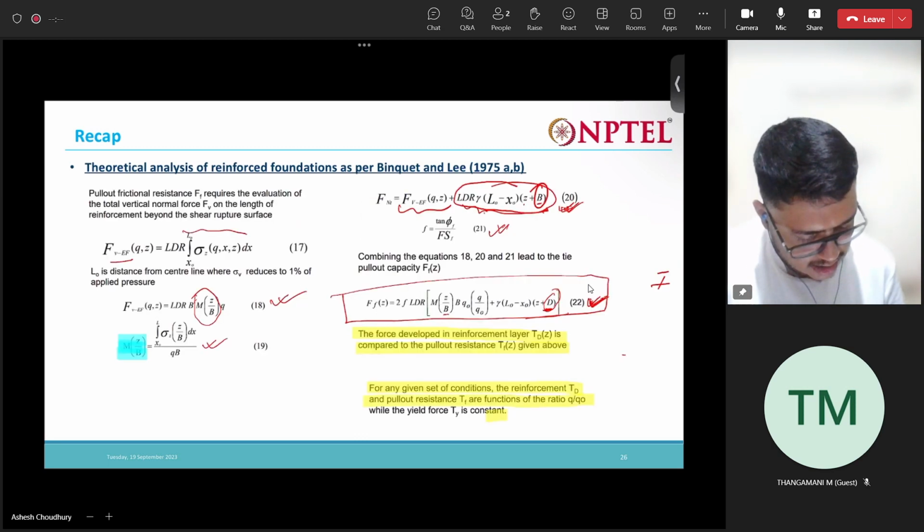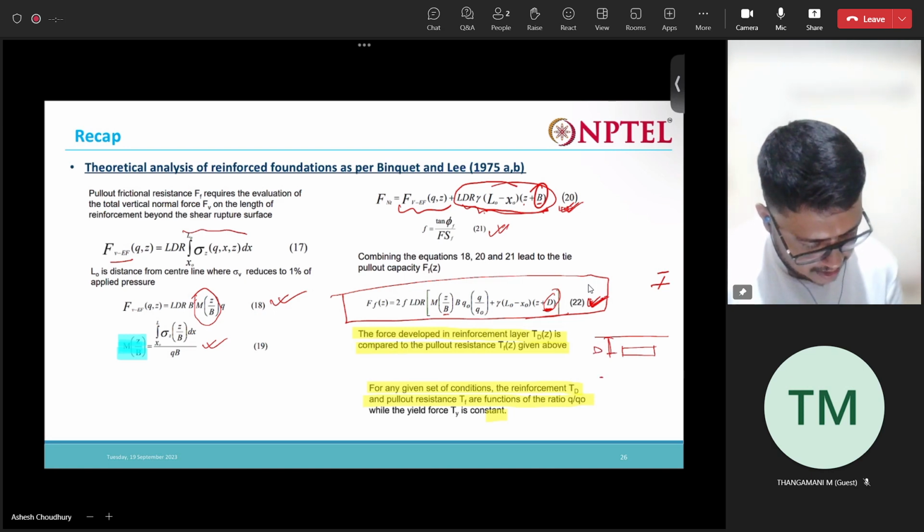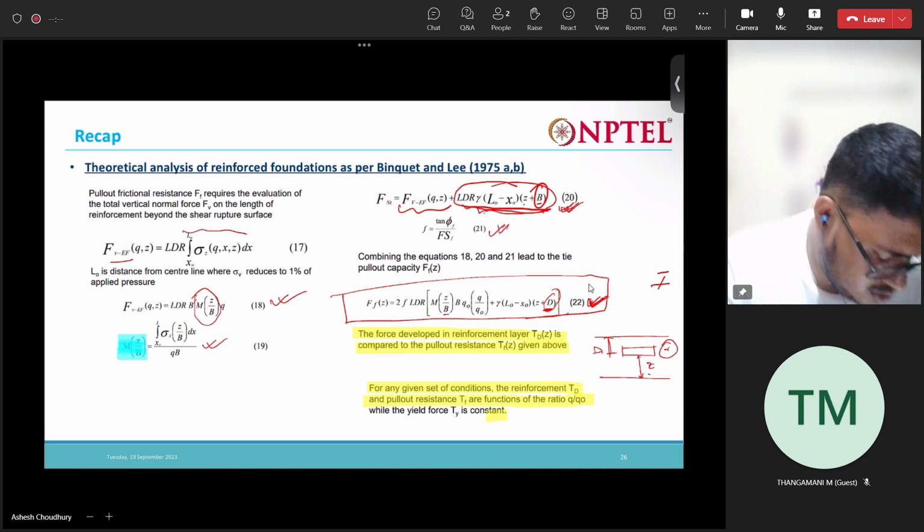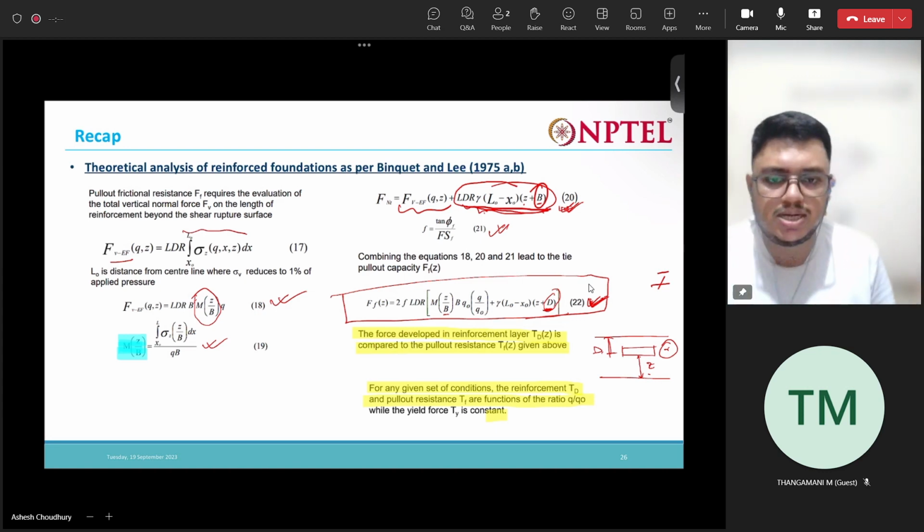Say there is a footing with some depth D, and a reinforcement here at some level Z. So Z plus D times gamma is the overburden pressure, right? So that's why this term has come. Not V, it should be D. So that D should actually be depth.